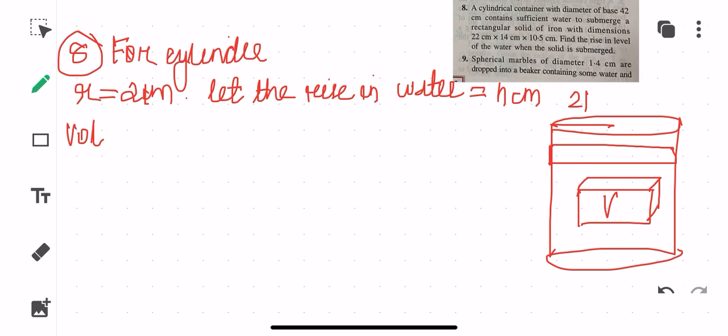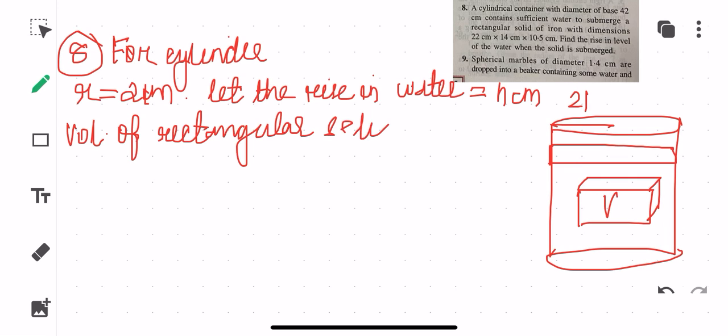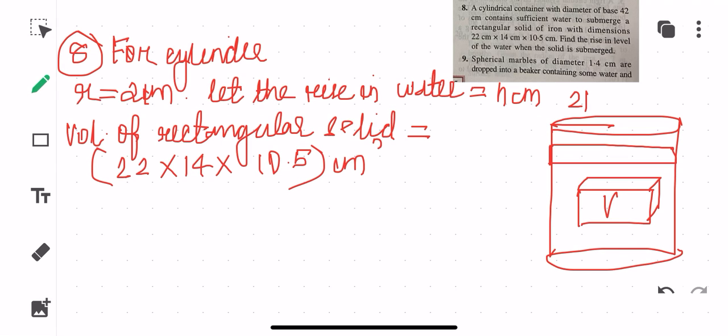So what you will be writing is the volume of the cuboid, what is being immersed, children, the rectangular solid. Volume of rectangular solid is equal to whatever has been given, children, 22 into 14 into 10.5 centimeter cube, because we are talking about volume.